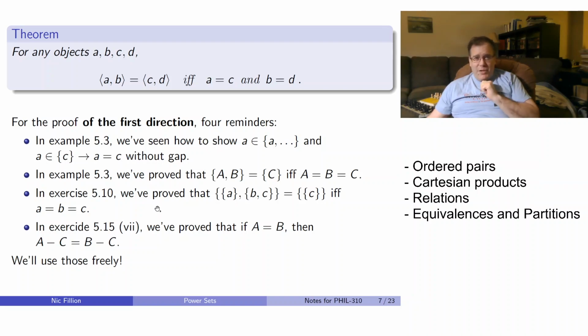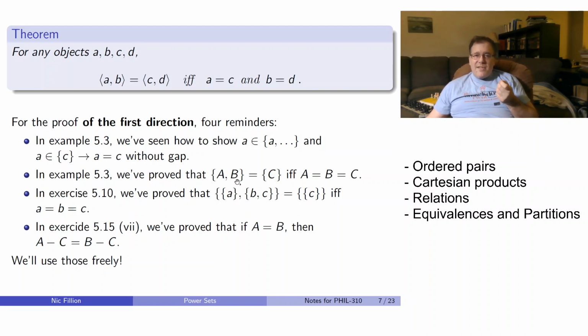But I hope you did reuse example 5.3 when you were solving exercise 5.10, which is really just a particular case of example 5.3, which says that the following set, whose first member is singleton A and whose second member is the pair B, C, equals singleton C if and only if A, B, and C are equal.